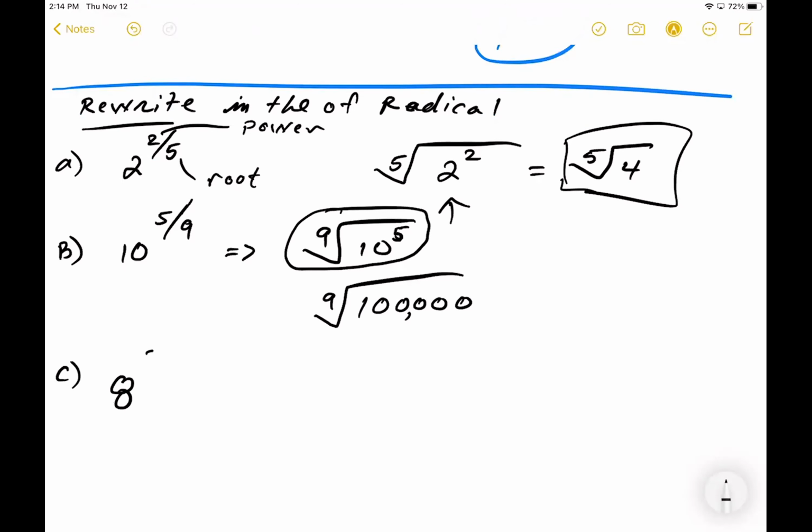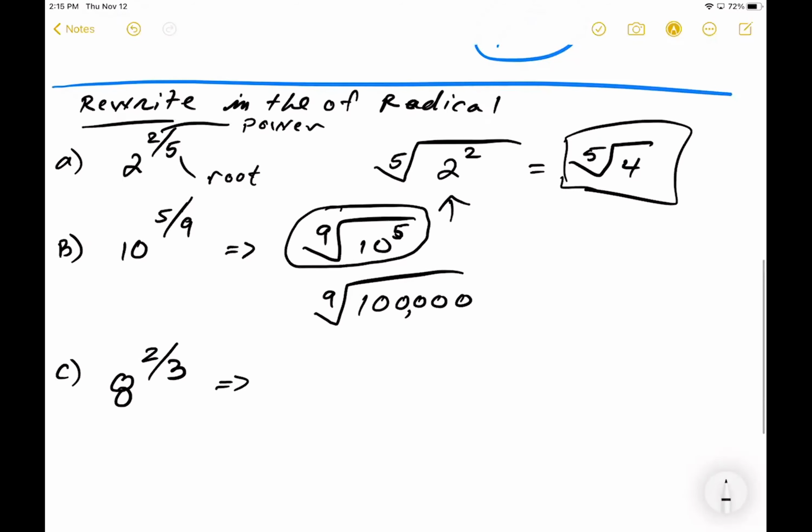And I think we did this last time, or before. So if they give you something like this, ladies and gentlemen, how would you convert this to radical form?